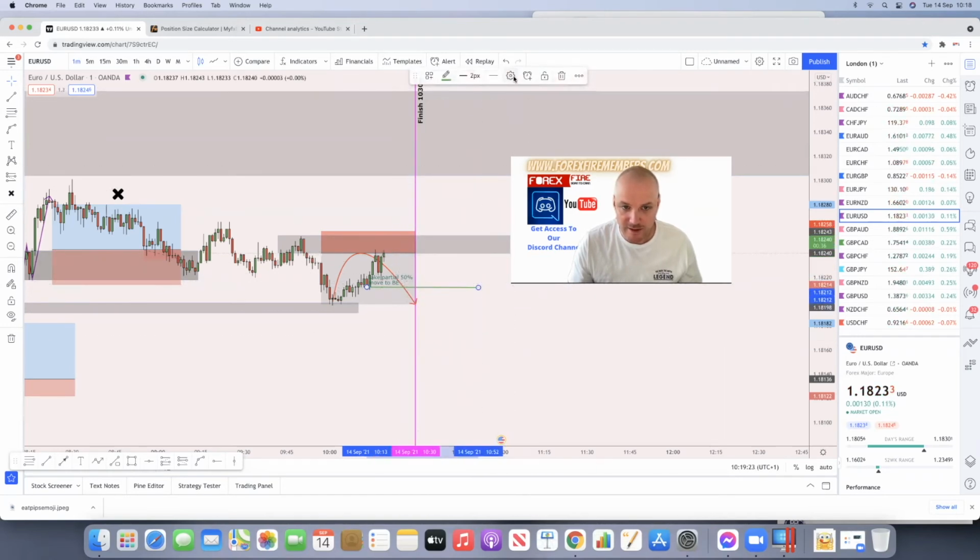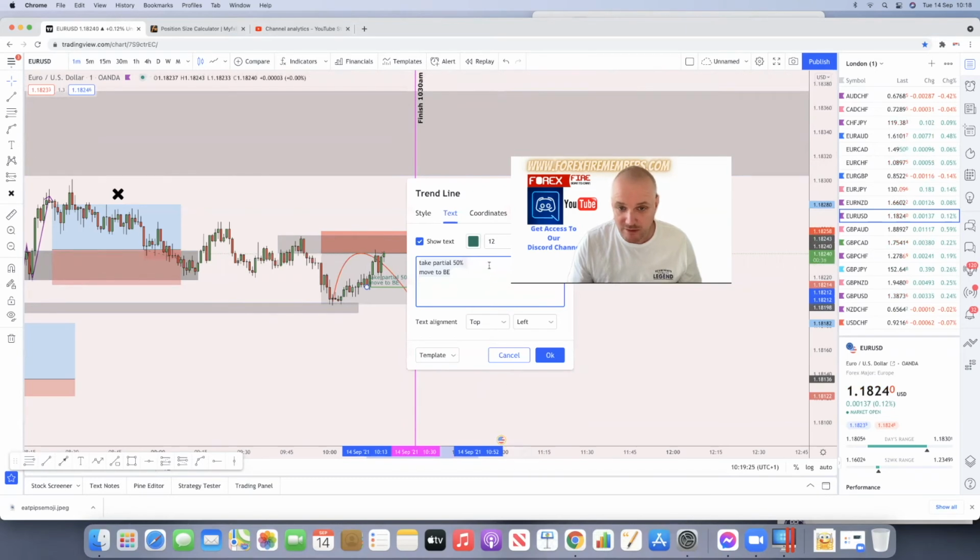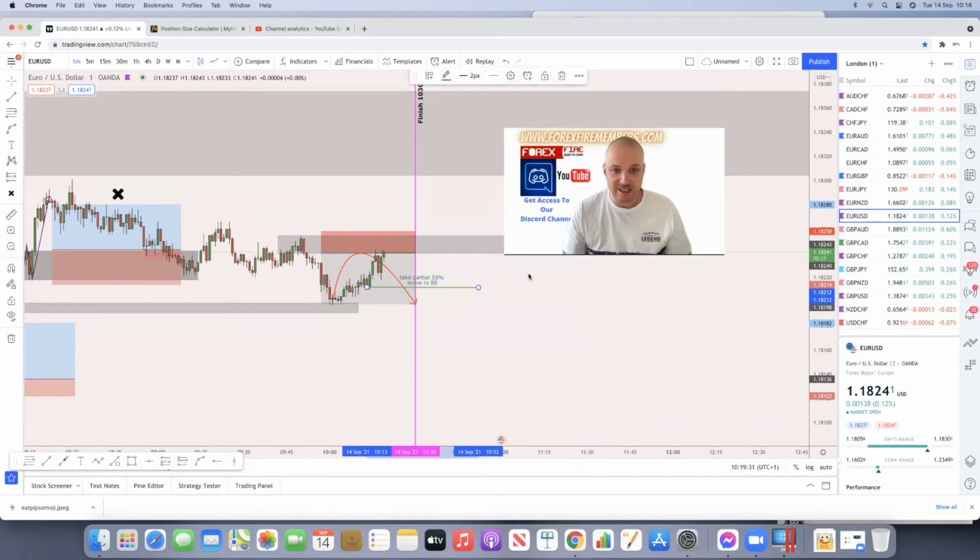And what we'll do is, this might even stop us out, to be fair. We don't know. But it's just to show you that we have actually hit the entry just before the end of the session.